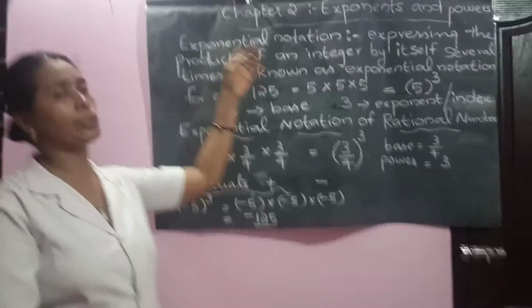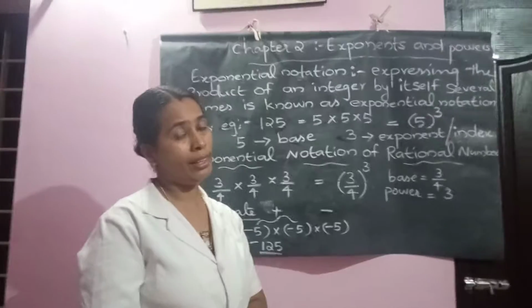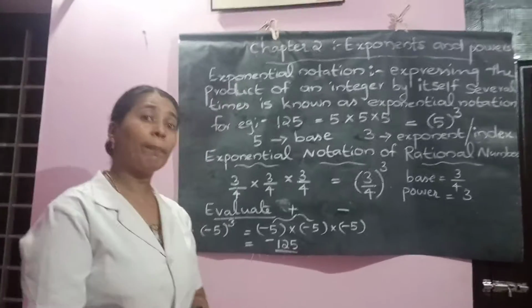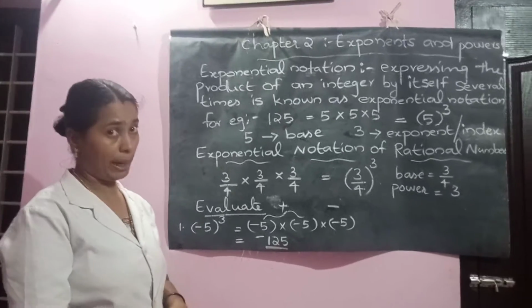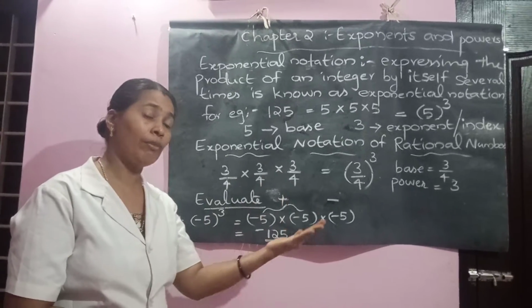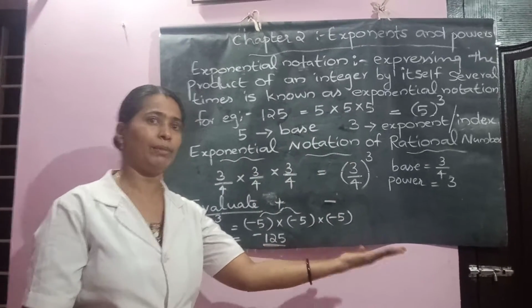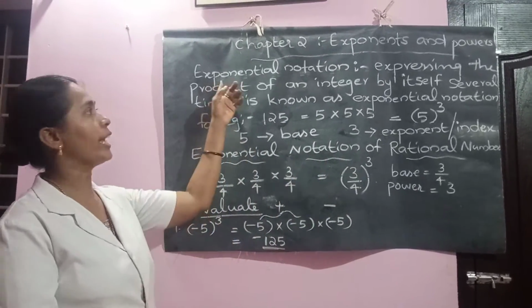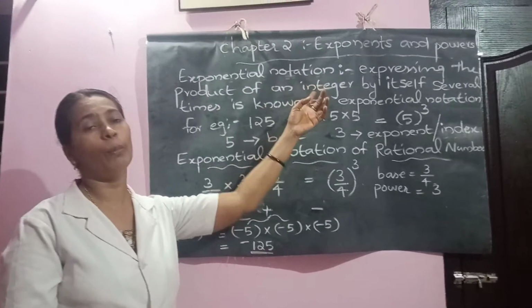What is meant by exponential notation? Expressing the product of a number multiplied by itself several times is called exponential form.